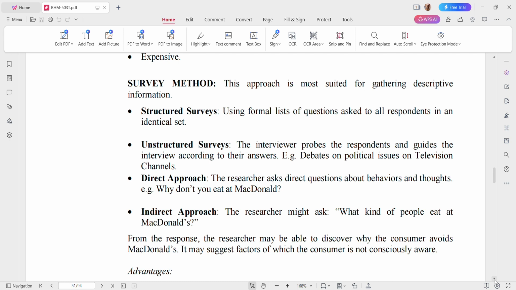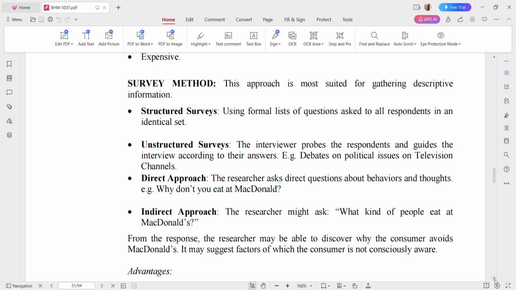So we can say, why don't you eat at McDonald's? Maybe some of the answers are that it's expensive, or the options are limited. And then when asking what kind of people eat at McDonald's, you say, I think people who eat at McDonald's are rich, are non-pork eaters, and so on and so forth.